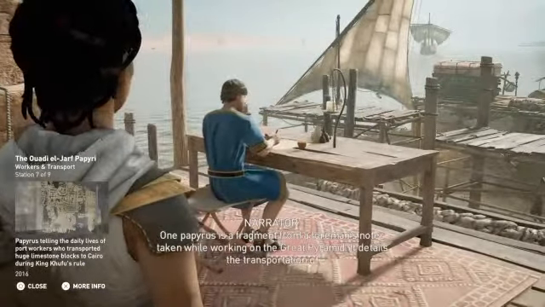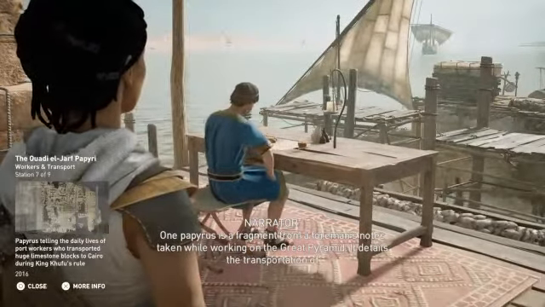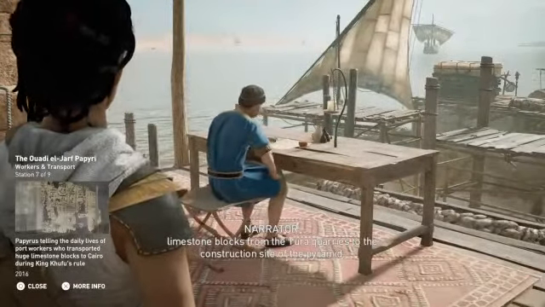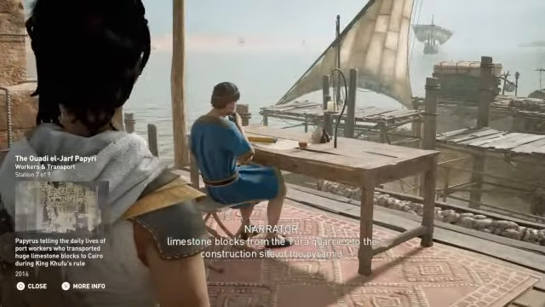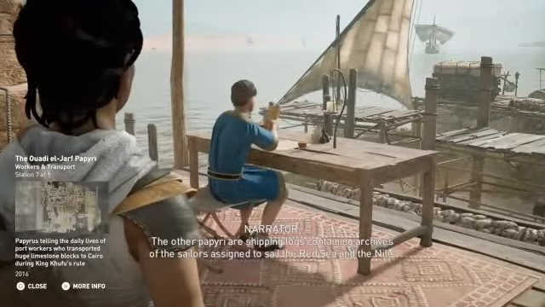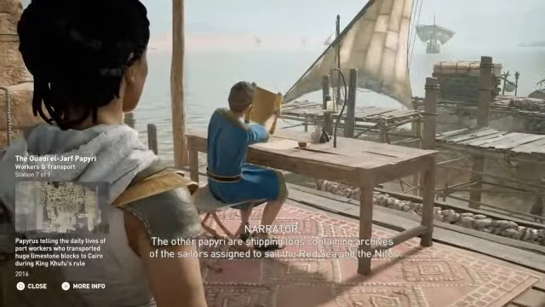One papyrus is a fragment from a foreman's notes taken while working on the Great Pyramid. It details the transportation of limestone blocks from the Tura quarries to the construction site of the pyramid. The other papyri are shipping logs containing archives of the sailors assigned to sail the Red Sea and the Nile.